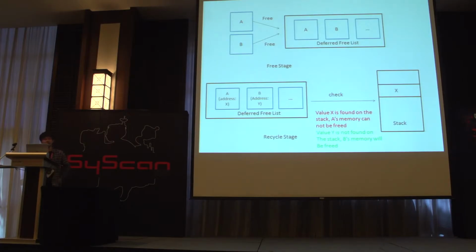This is an example. We have two objects, object A and B, and we free them, and they will be added to the deferred free list.